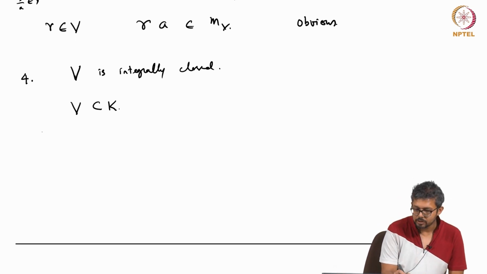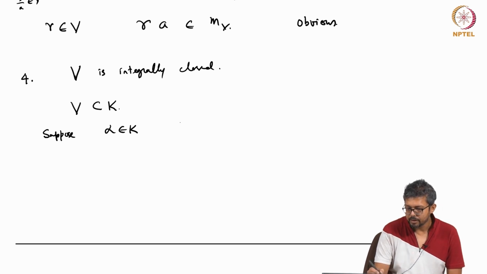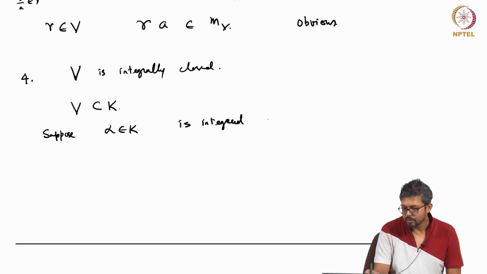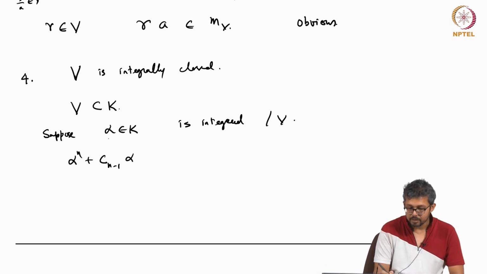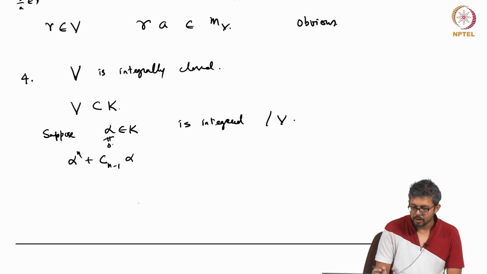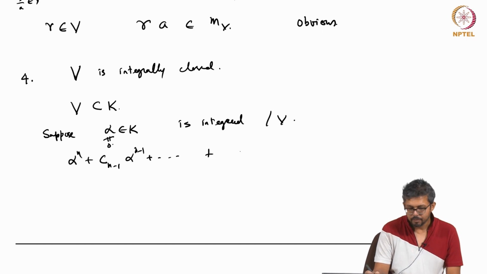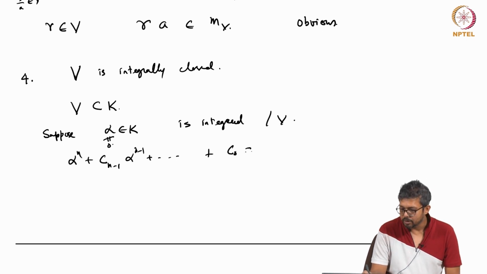The proof is obvious. Suppose alpha belongs to K is integral over V, then alpha power n plus C n minus 1 alpha power n minus 1 plus ... plus C naught equals 0, with alpha not equal to 0.